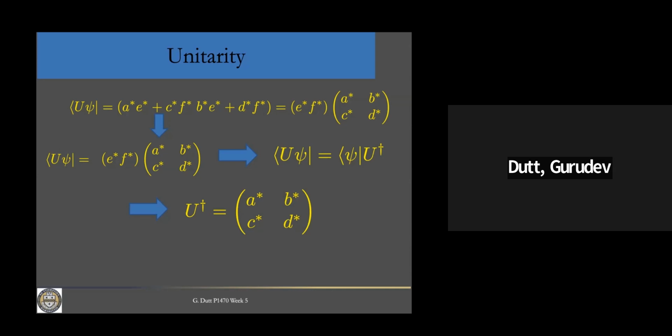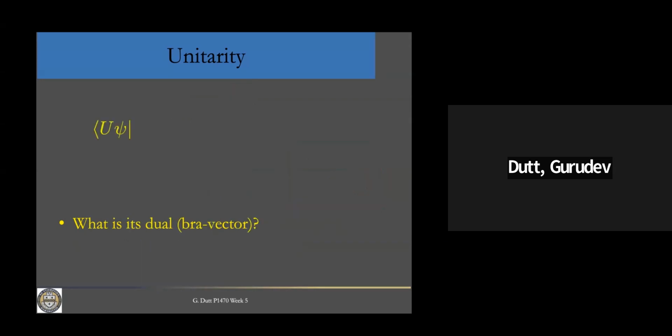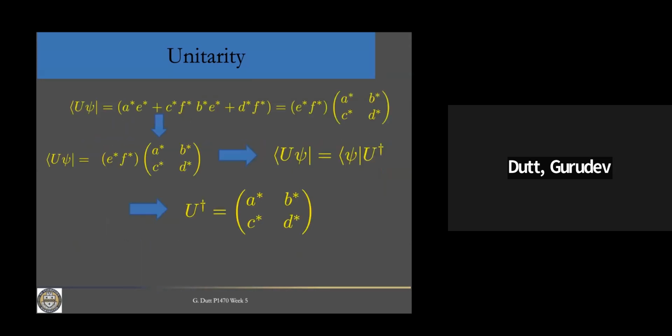And if you look at the original matrix U over here, A, B, C, D, if I take its complex conjugate transpose, I get A star, B star, C star, D star. So U dagger is this matrix over here.